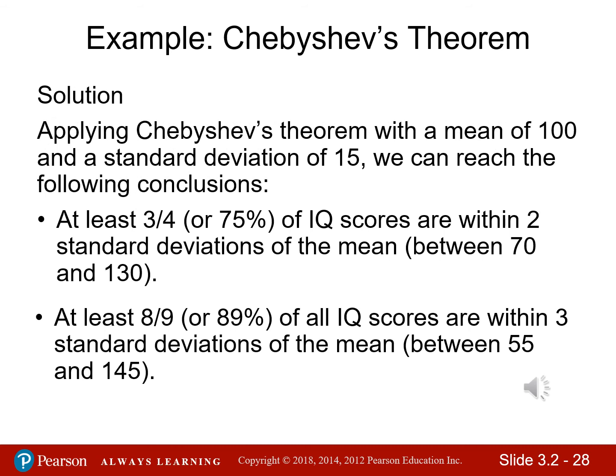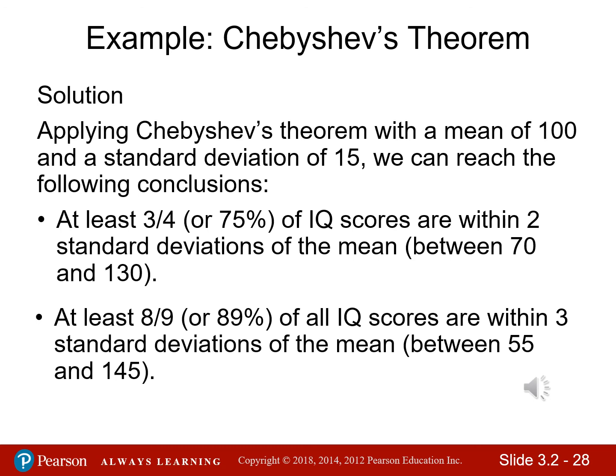By applying Chebyshev's theorem, we can reach the following conclusion: that at least 75% of IQ scores are within 2 standard deviations of the mean, or 75% of IQ scores are between 70 and 130. Also, we could say that 89% of all IQ scores are within 3 standard deviations of the mean. That is to say, they're between 55 and 145.